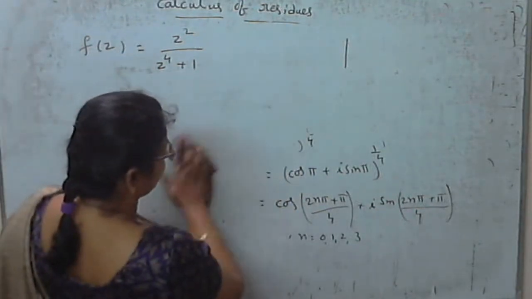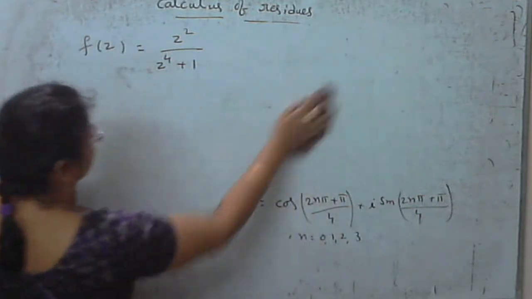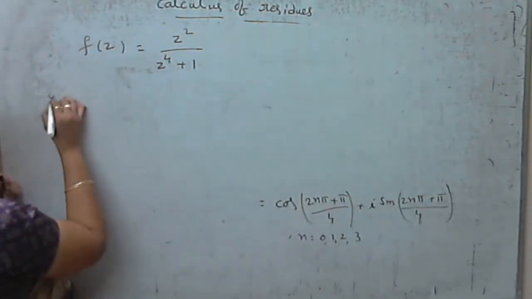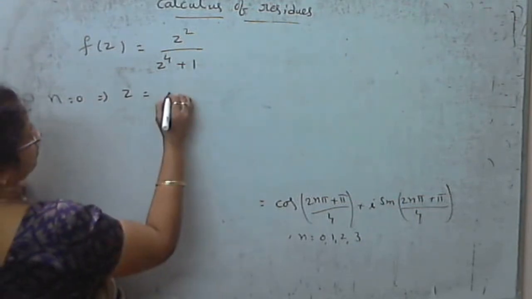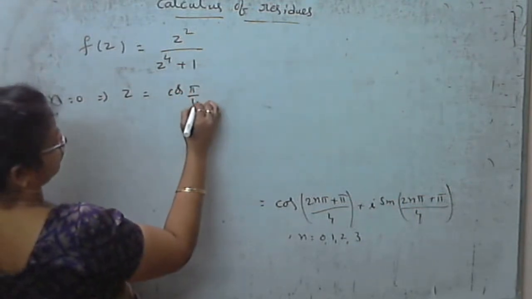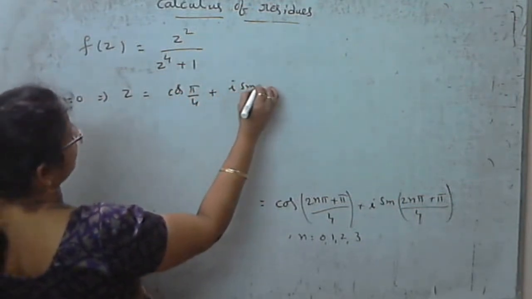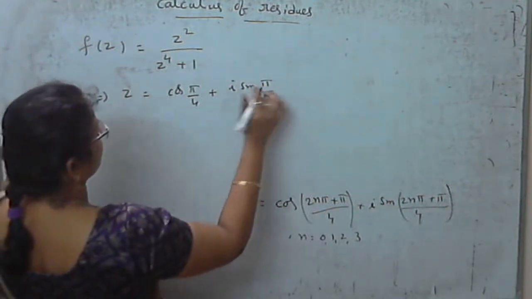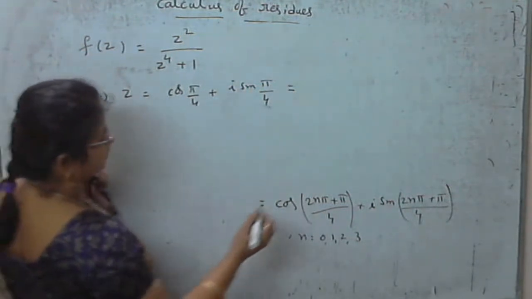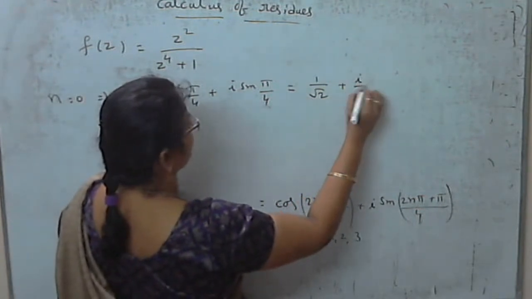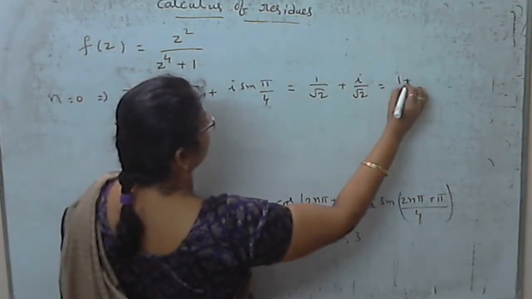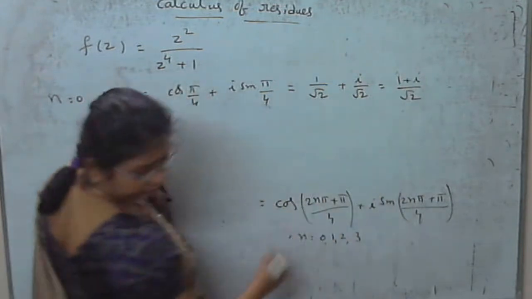Let n equal to 0. So n equal to 0 implies z equal to cos pi by 4 plus i sin pi by 4. What is cos 45 degrees? 1 by root 2 plus i by root 2, that is 1 plus i by root 2.